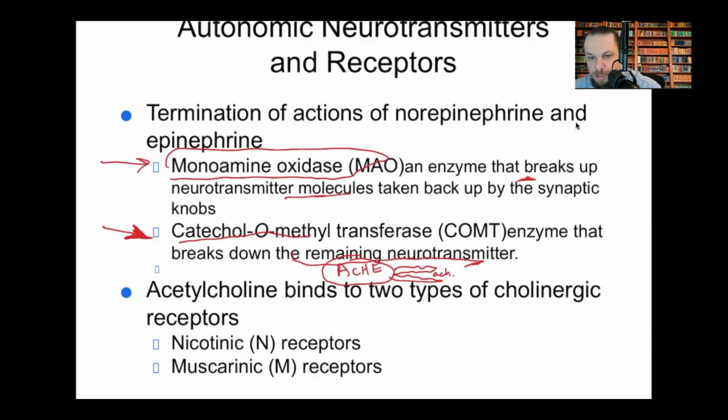So monoamine oxidase is for epinephrine and norepinephrine. That's the enzyme that breaks up the neurotransmitter. Its function is kind of similar to acetylcholinesterase. Catechol-O-methyltransferase is the enzyme that breaks down the remaining neurotransmitter found in the synaptic cleft that has not been reuptaken yet. So it's in opposition to this enzyme. Okay. Any questions about these two?